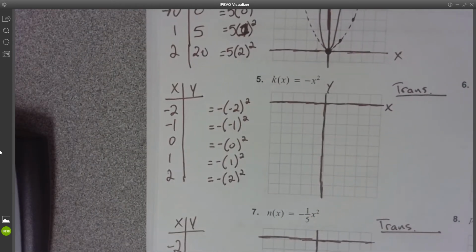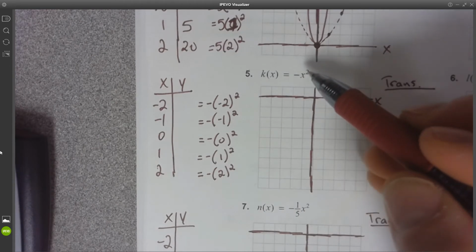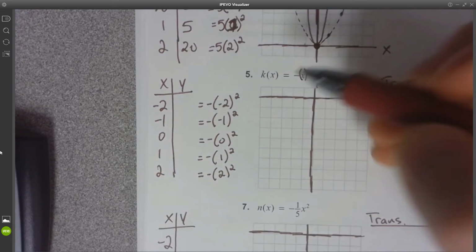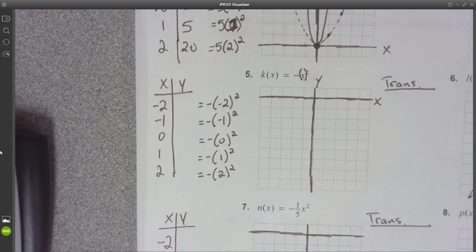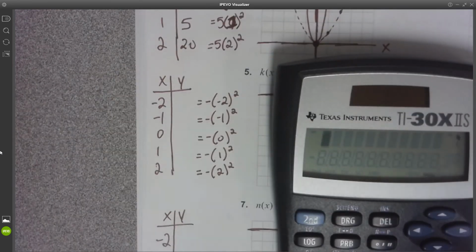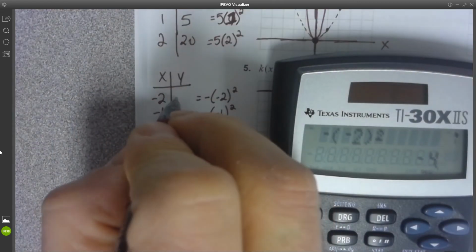Take a look at number 5, same idea. Here we're doing negative x to the second, so all I'm doing is putting parentheses around my x, substituting each of those x values in, and calculating. Negative, negative 2 squared, so negative 4.